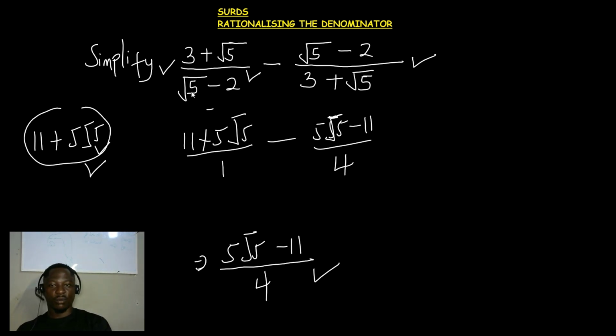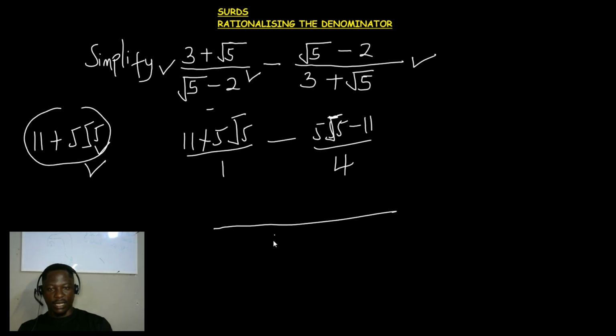So we have been able to remove the square root sign from the denominators. Now we have 1 here and 4 here, so we have to find the LCM of these two, and the LCM is 4.